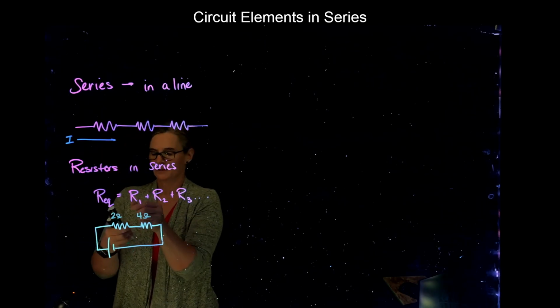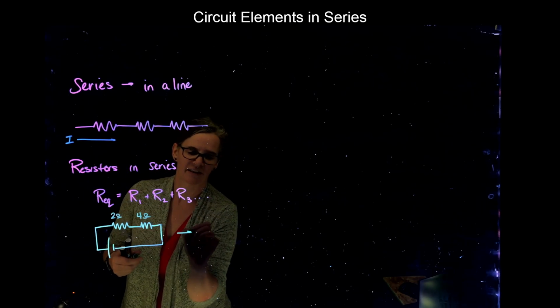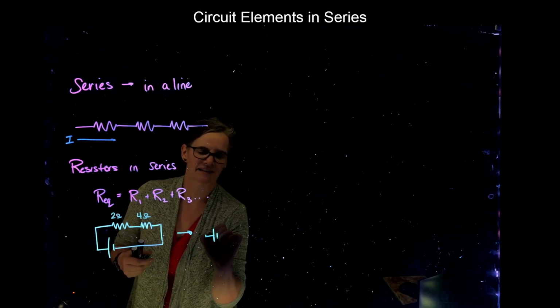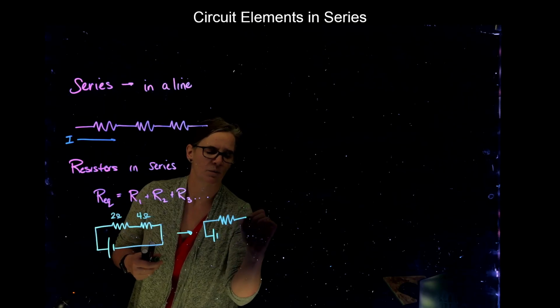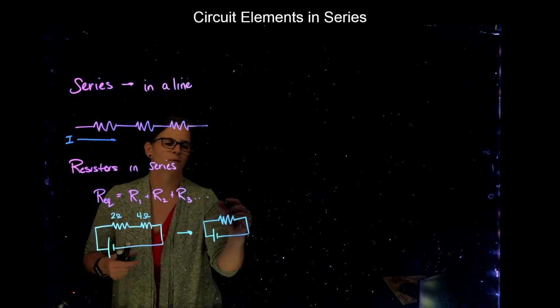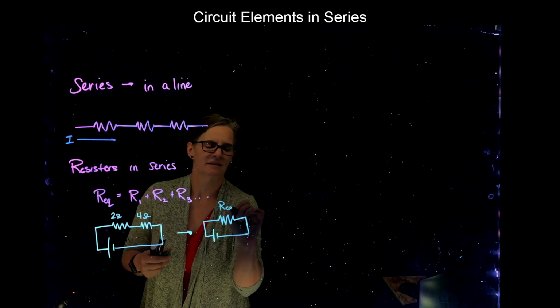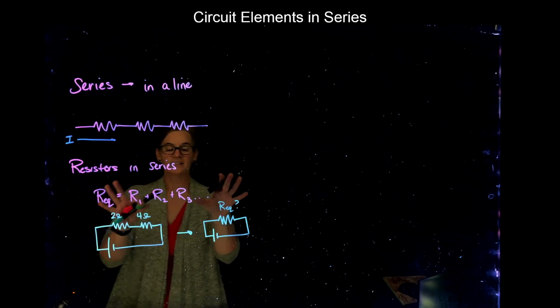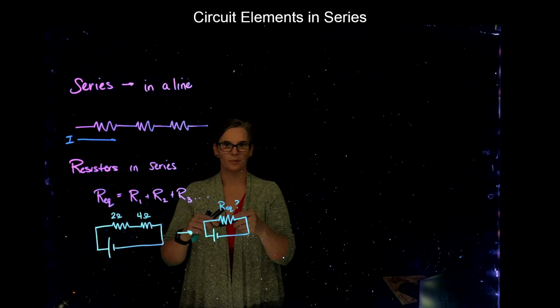If I wanted to simplify this circuit and make a circuit with just one resistor instead of those two, what resistance would I need so that these circuits produce the same outcome?